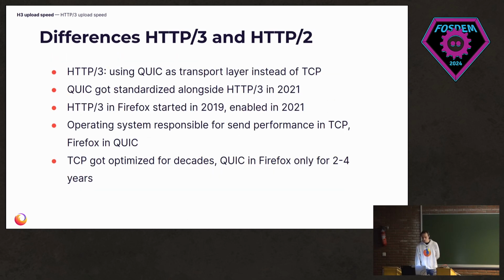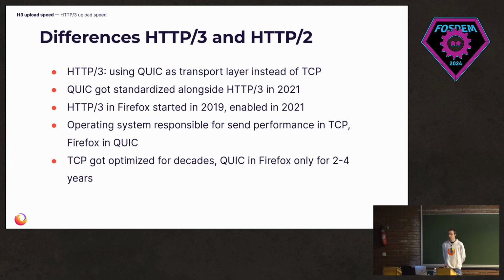So now to the difference to HTTP3 upload. HTTP3 upload is widely different. HTTP3 uses a different transport layer. We don't use TCP anymore, but QUIC, which was standardized alongside HTTP3, and just relatively recently.